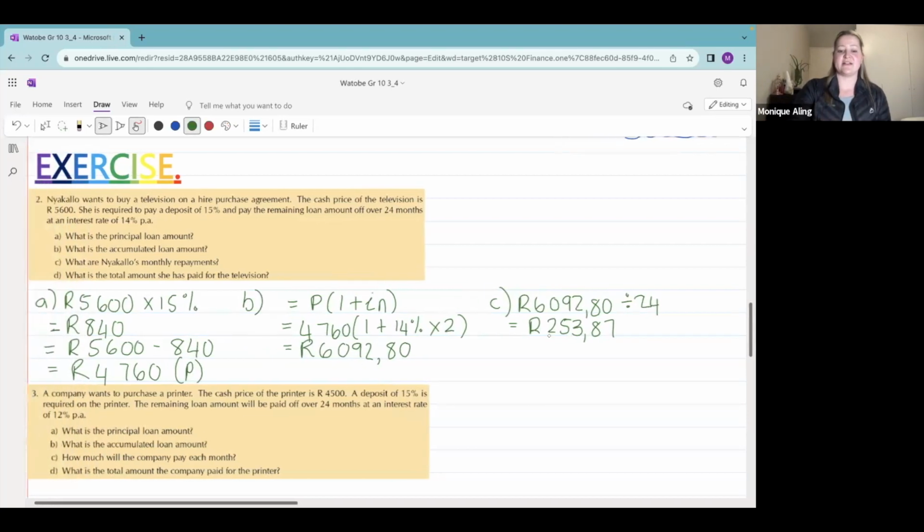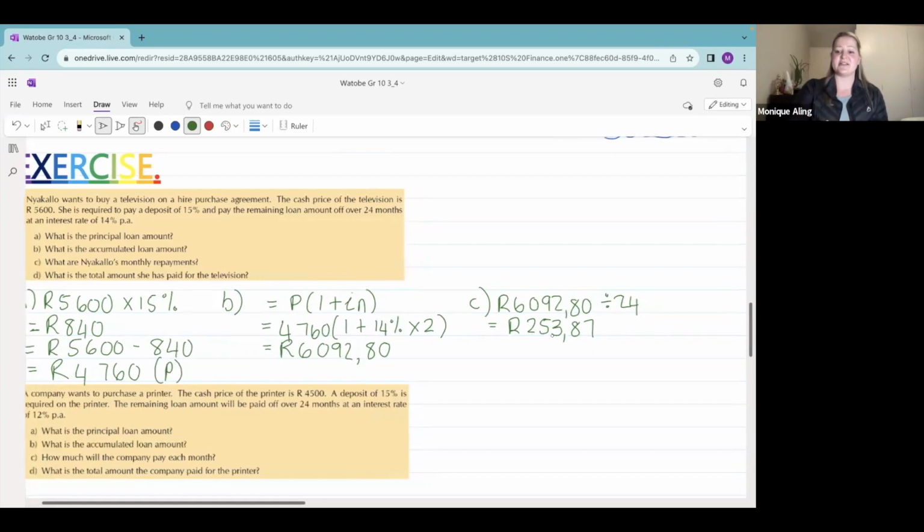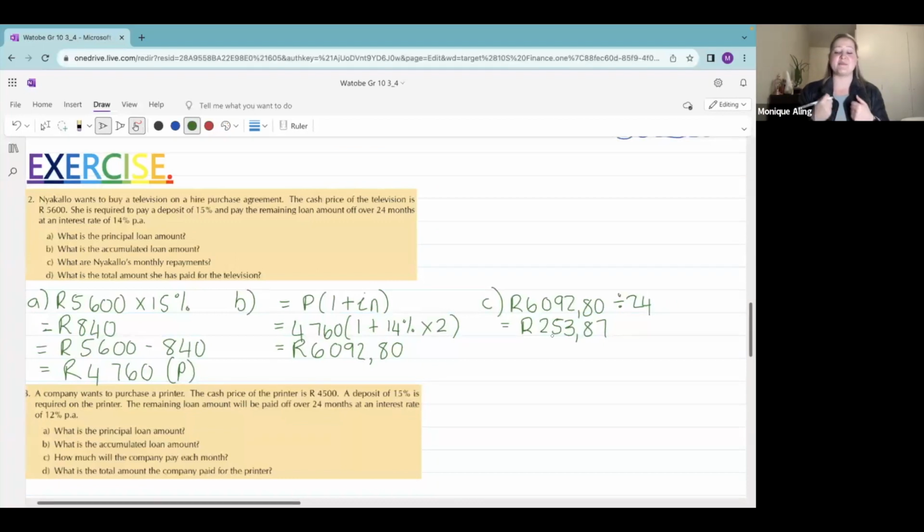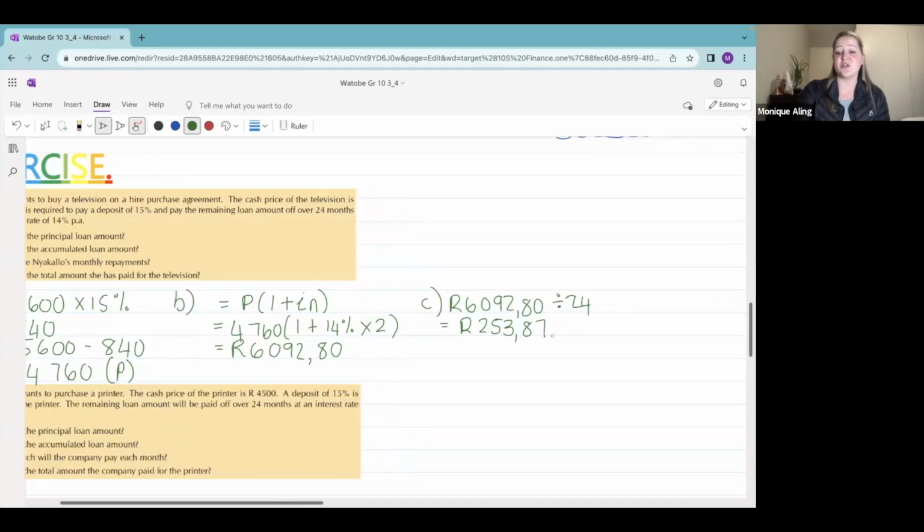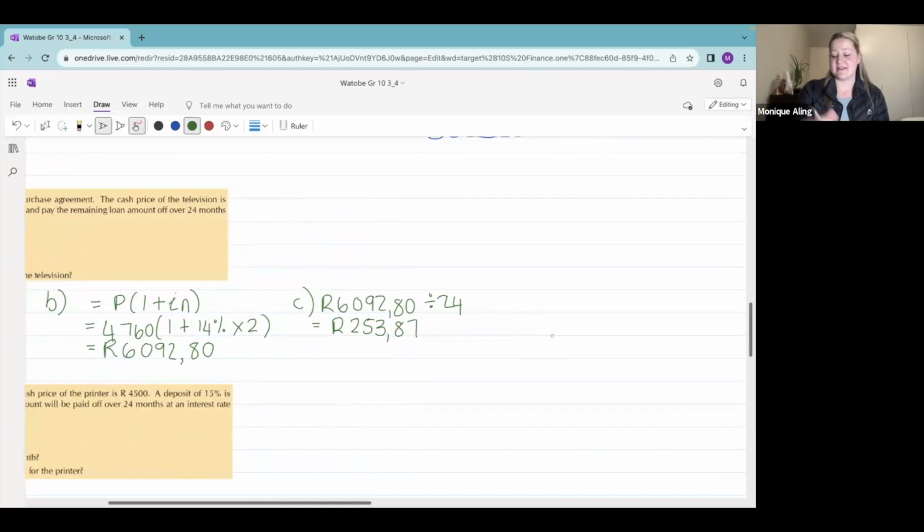Okay, so we've worked out how much she owes, including interest, how much she pays per month. And question D says, what is the total amount she has paid for the television? What is the total that has been paid at the end of the day? What is the one thing we must not forget about? Danver, well done. Okay, we shouldn't forget our deposits. So for D, the deposit was 840 Rand plus she needs to pay 6,092.80.